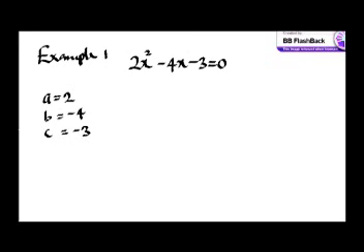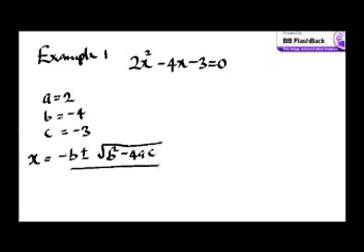So I'm going to introduce this to my formula, which says x is equal to minus b plus or minus square root of b squared minus 4ac, everything here over 2a.